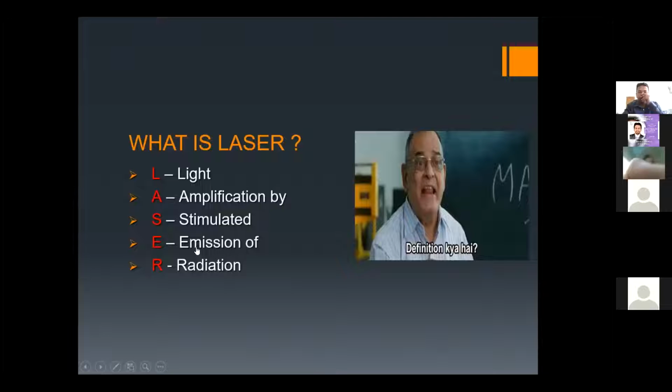So let's see what a laser is. Laser is light amplification by stimulated emission of radiation. I'll tell you my journey of laser dentistry. When I went to a clinic for a consultation, it was a routine frenectomy case, an orthodontic frenectomy actually.